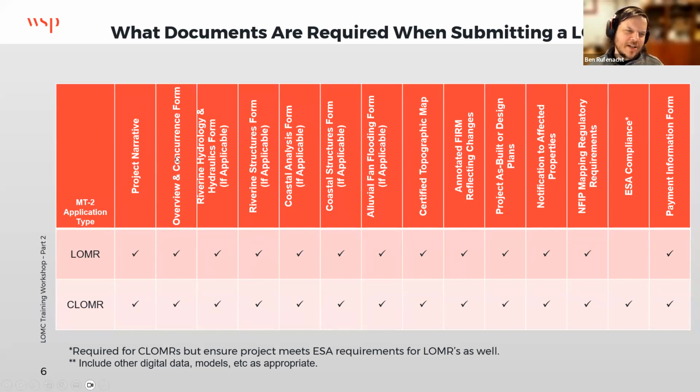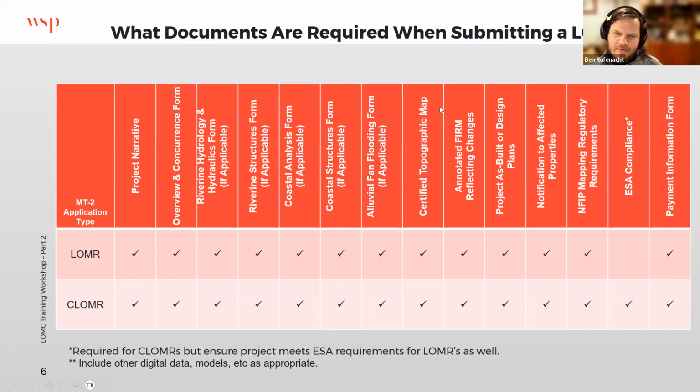So what we need: project narrative, the overview and community concurrence form, riverine hydrology and hydraulics form, if you're actually changing the hydrology and hydraulics of an area, riverine structures form. Do you have a structure? And then, of course, you've got your coastal and alluvial fan forms, which we don't deal much with around here. Certified topographic map.